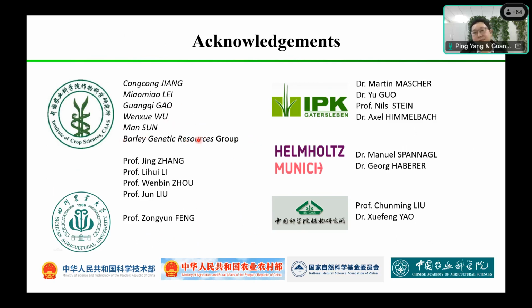Of course, the work can't be done without the help of collaborators. I would like to thank Martin Mascher and Nils for their contribution to generating the reference genomes for HTX, Manuel and Georg for the genome annotation, and Chunmin Liu and Xuefeng Yao, who helped us analyze the mutant frequencies.